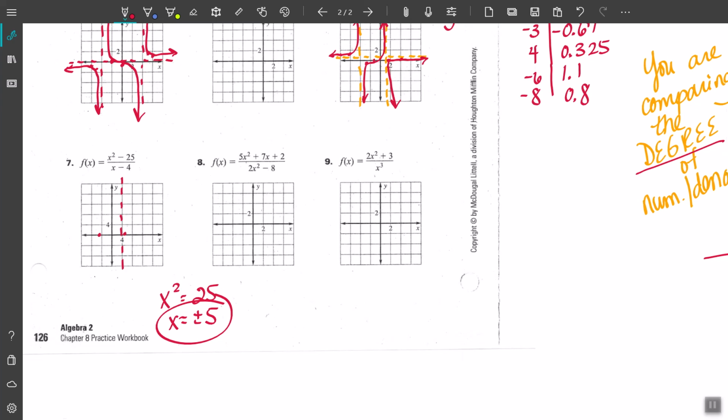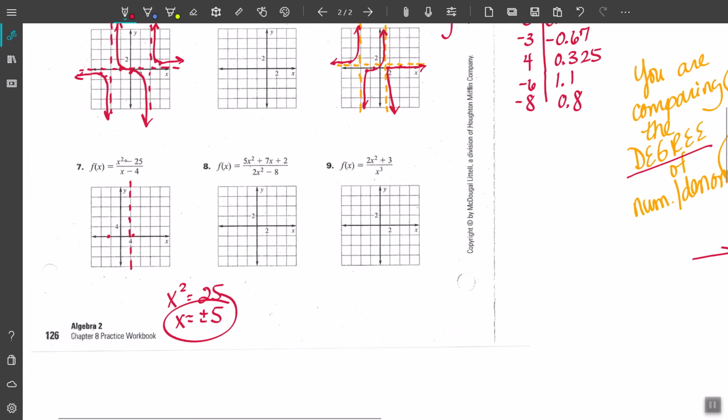And then my horizontal asymptote, I have a degree in the numerator of 2, degree in the denominator of 1. This is that first scenario that we haven't seen yet on a graph, where the numerator degree is greater than the denominator, so there is no horizontal asymptote, which is why this one is going to look a little bit different than the others. So no horizontal asymptote on this one.